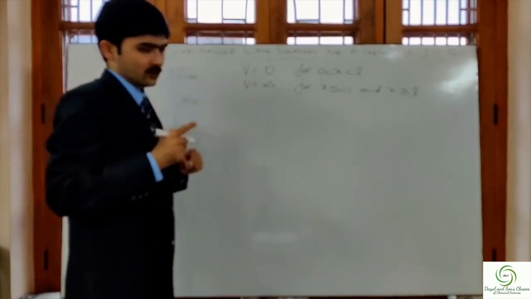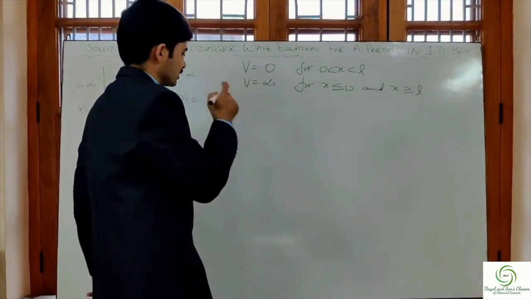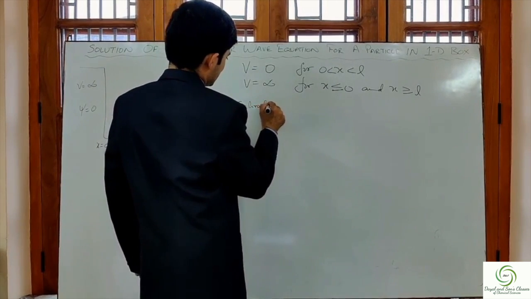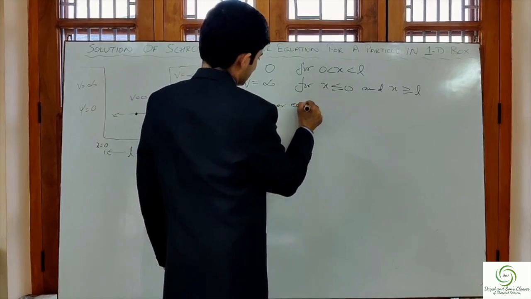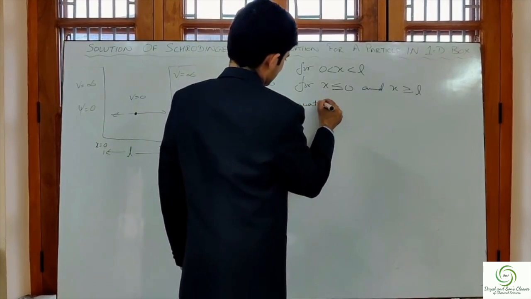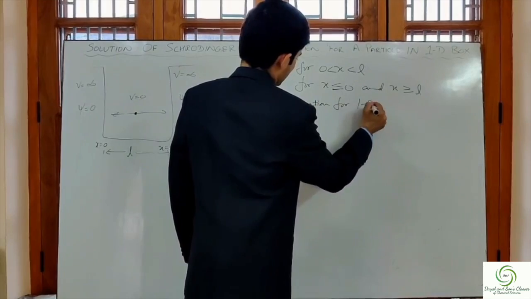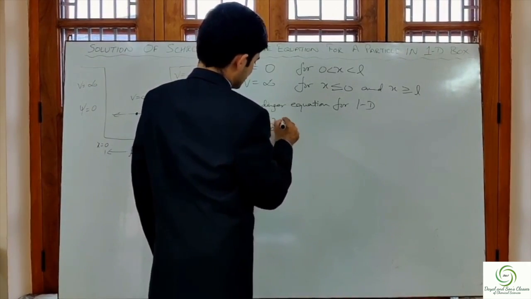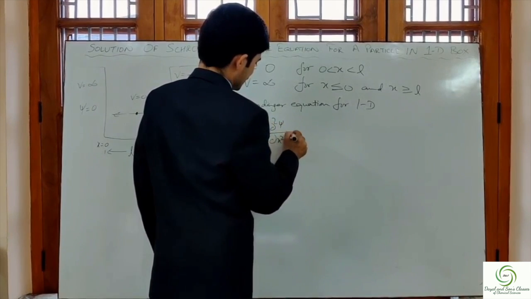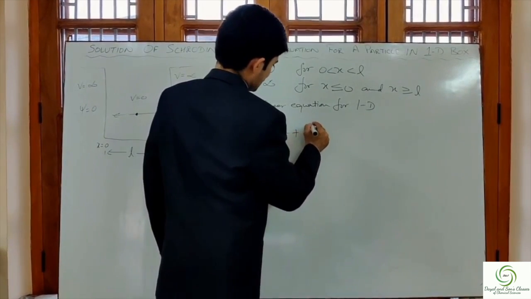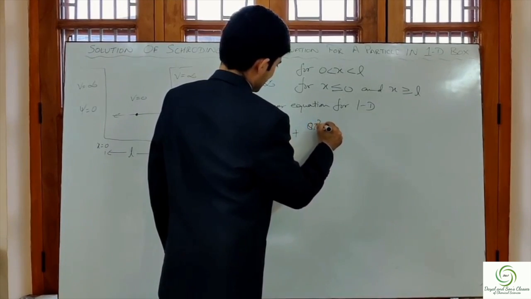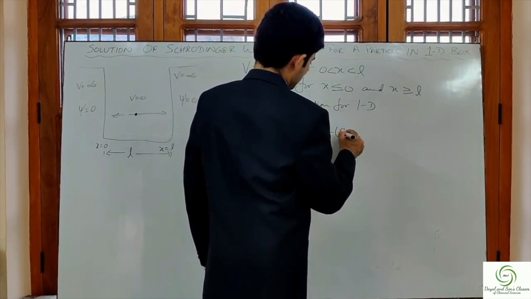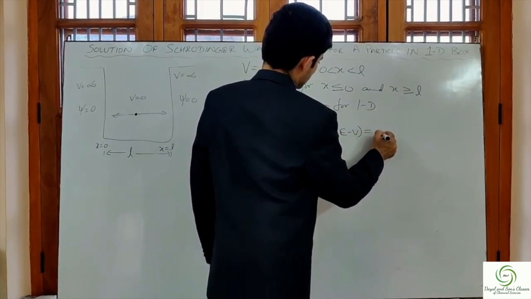Now, for 1D box, we know the Schrodinger wave equation for one dimension is given as del square psi by del x square plus 8 pi square m upon h square into E minus V is equal to 0.